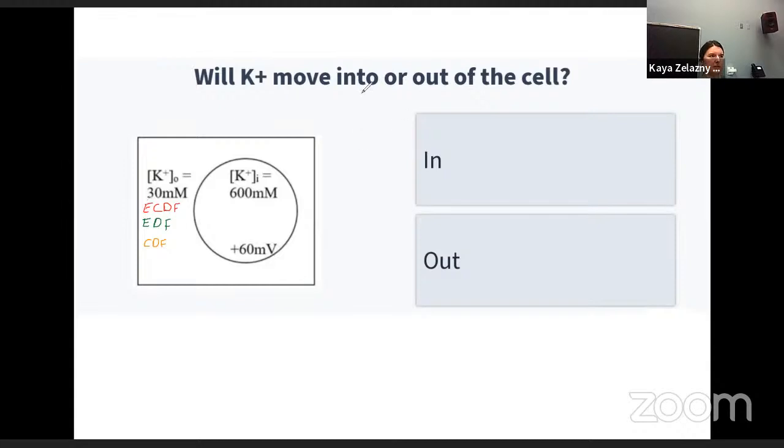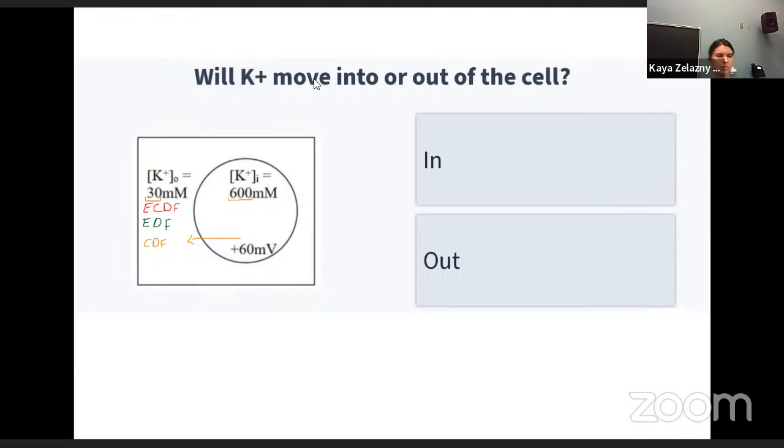We're trying to figure out whether the potassium is moving into the cell or out of the cell. We're going to try to figure out that electrochemical driving force. The first step is figuring out the directions for each piece of it. When we're looking at the chemical driving force, which direction are we going to be pointing here? Yeah, perfect. We have a high concentration of potassium inside the cell and a low concentration of potassium outside the cell. So we move high to low. The chemical driving force wants us to go out.